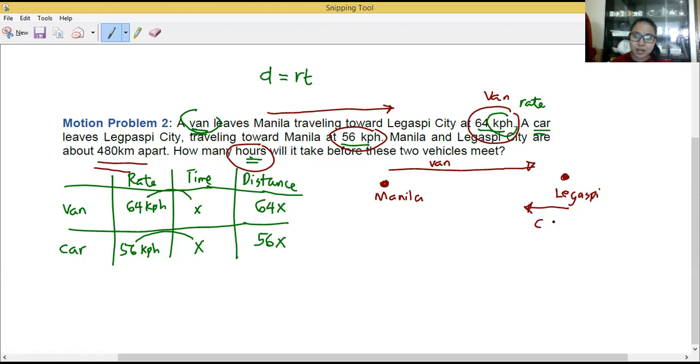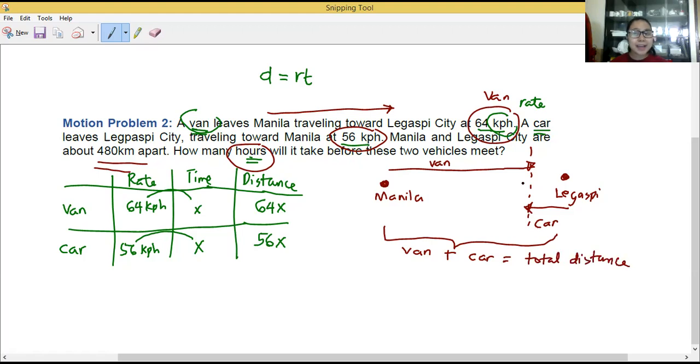This is the car. Now, how do we describe the distance being covered? We say the distance covered by the van plus the distance covered by the car, if they will meet at this point, is equal to the total distance.